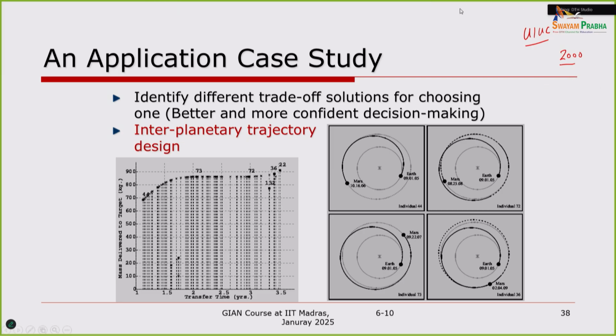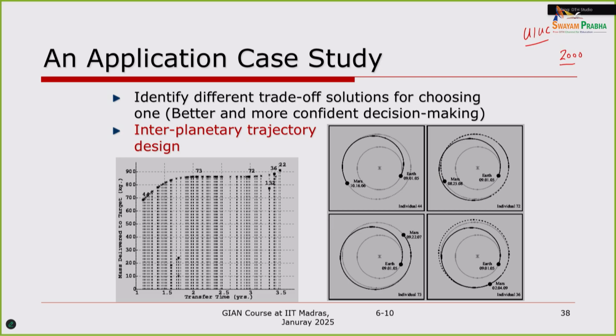They were trying to use this for interplanetary trajectory optimization, which eventually we ended up doing here with VSSC. But this was done in 2000, and I was not the co-author. I was visiting them, and they were looking for a method to do multi-objective optimization for this. They knew of NSGA. NSGA 2 wasn't there yet, so they used NSGA. That's why I show this example from their paper.